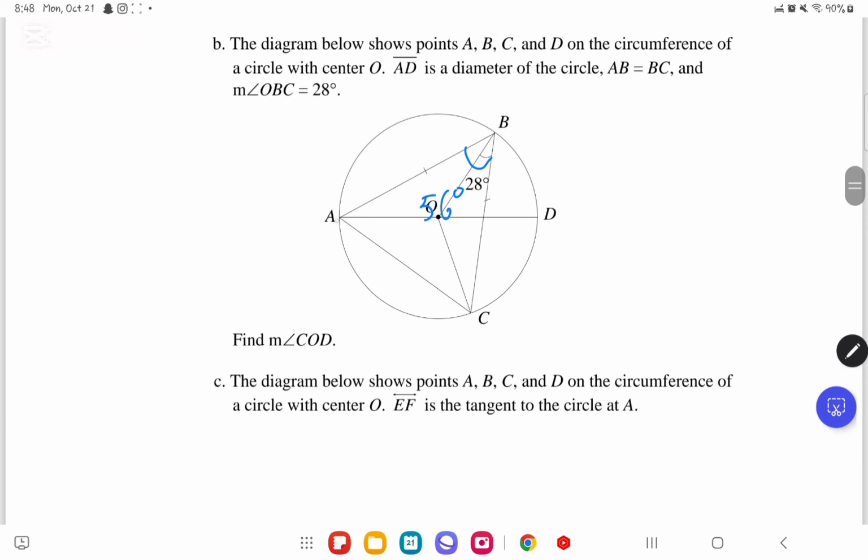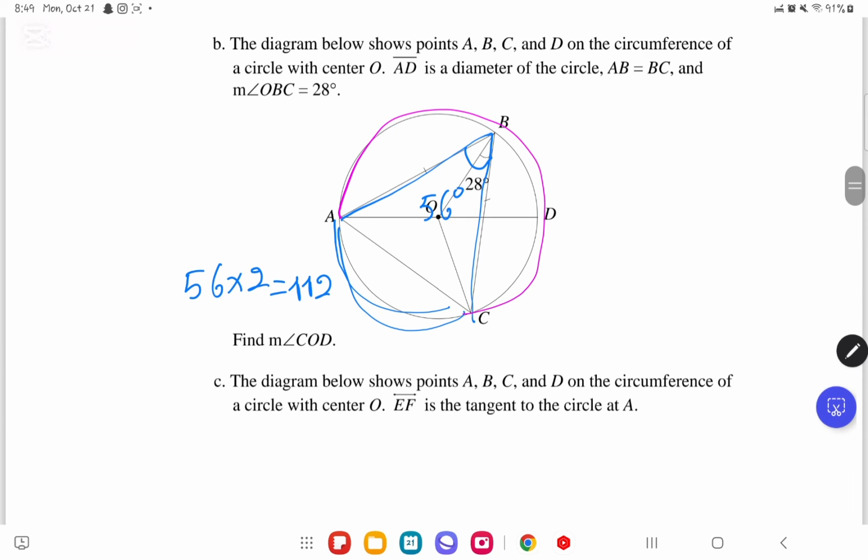Now, if you notice, it is intercepting which arc? It's intercepting this arc over here. So very simply, we can do 56 times 2, which is 112. So the measure of this arc over here is 112. So now, this is the important part. To find the measure of all of this arc, it's 360 minus 112, which is 148.